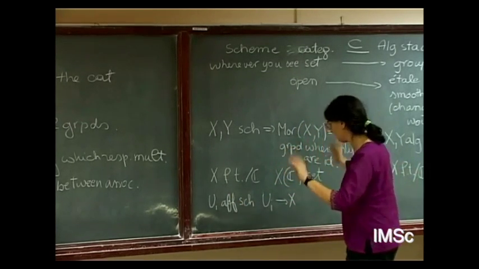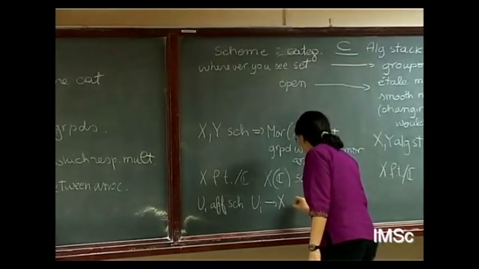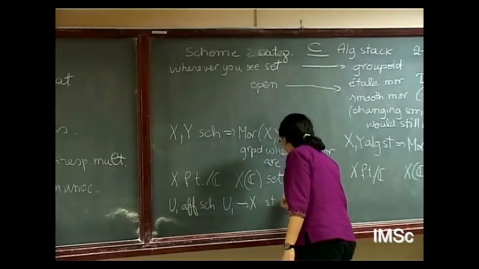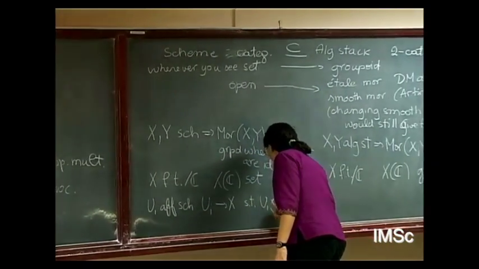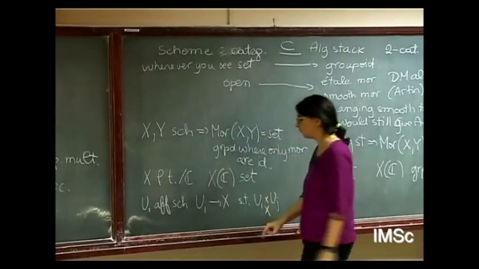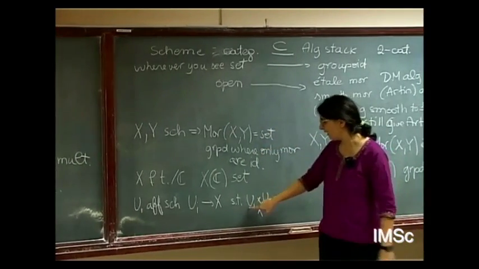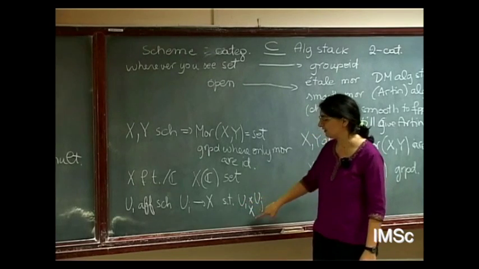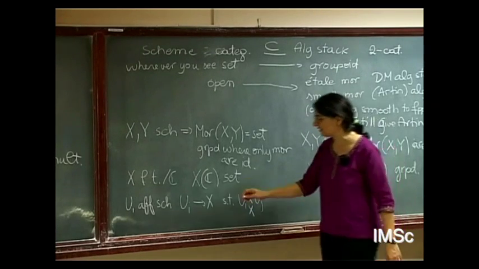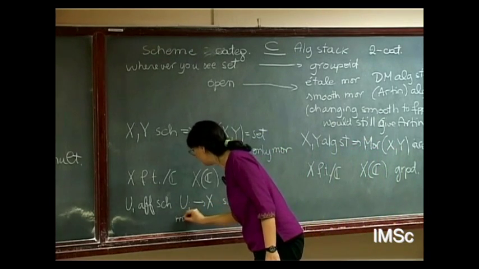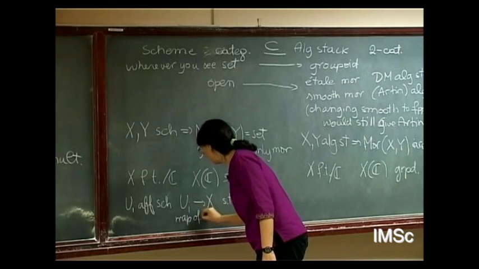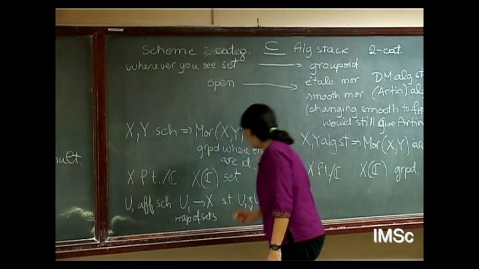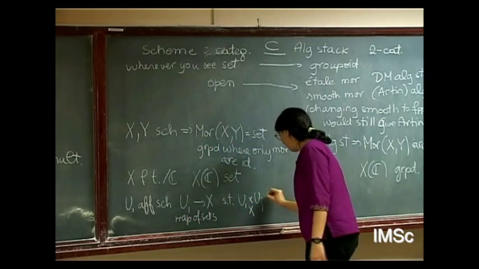So let's simplify things such that U_i fiber product U_j, the pairs of points with the same image, is naturally open.